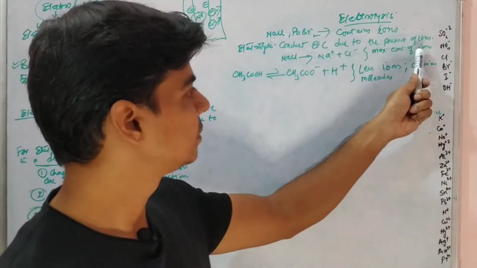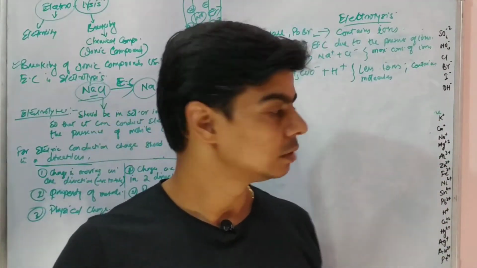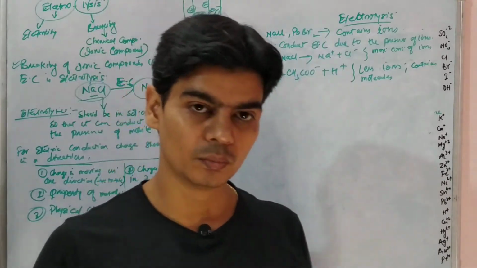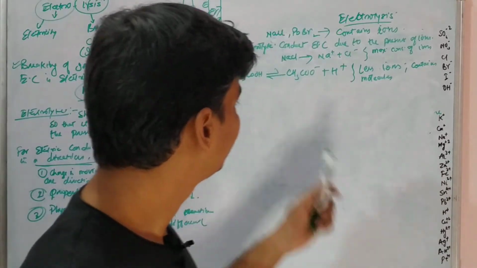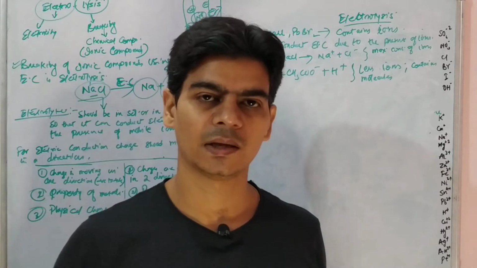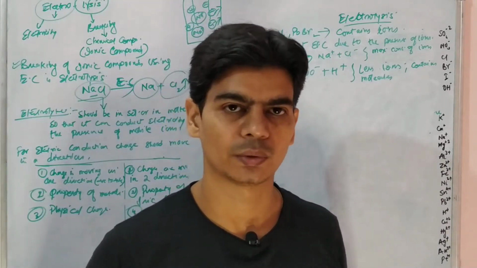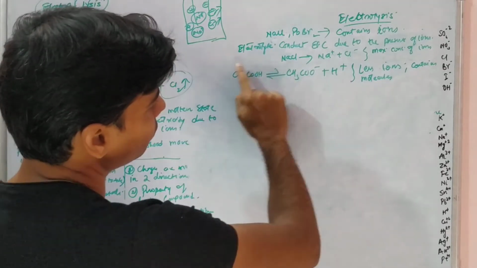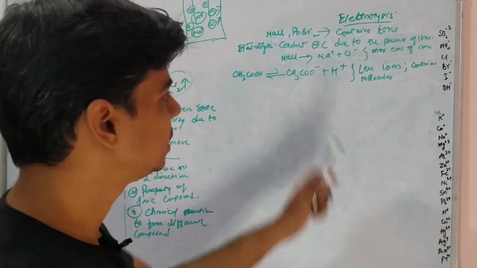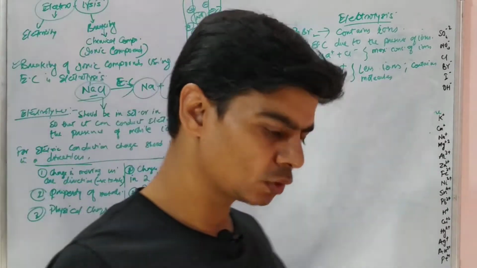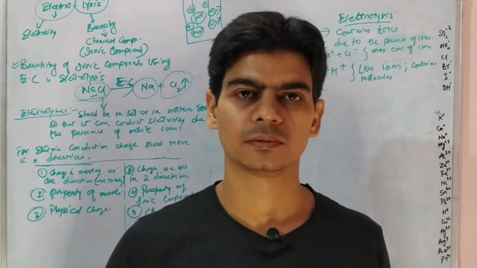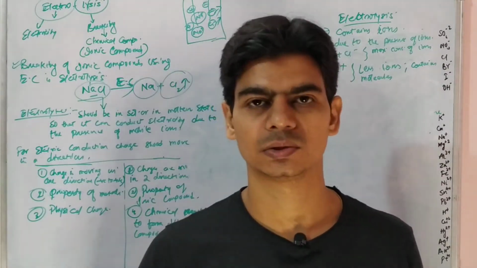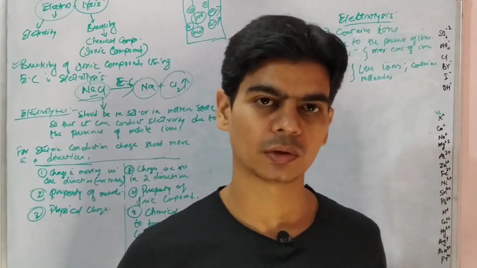So in the first case, where we have more ions, the sodium chloride solution will allow more electricity to pass through it, whereas acetic acid, which has fewer ions, will allow less electricity to pass through it, right? Electrolytes which dissociate to give more ions and allow more electricity to pass through are called strong electrolytes.